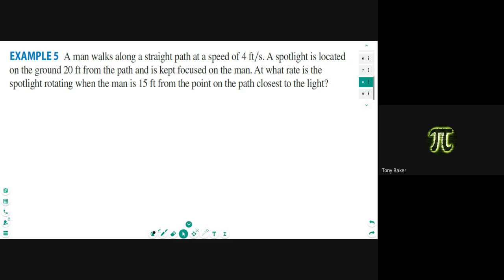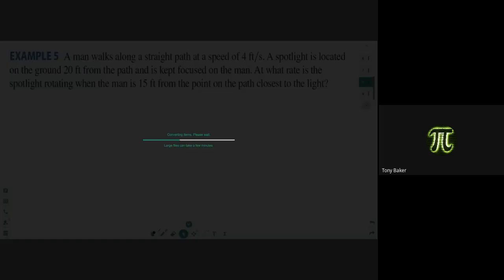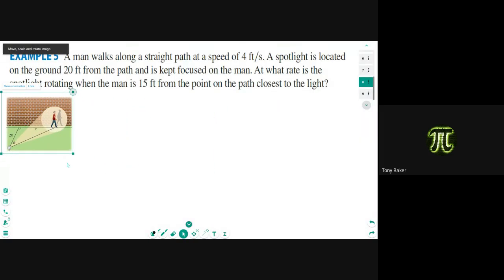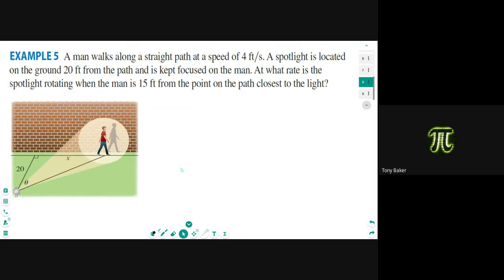The book actually has a really cool picture for this one. It's not just a triangle. Now the book's just showing off. As long as you had the triangle on the bottom, you were good.